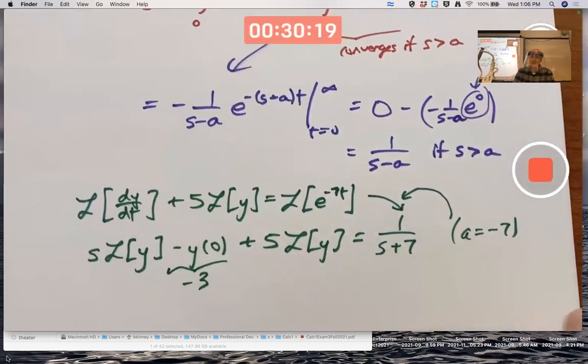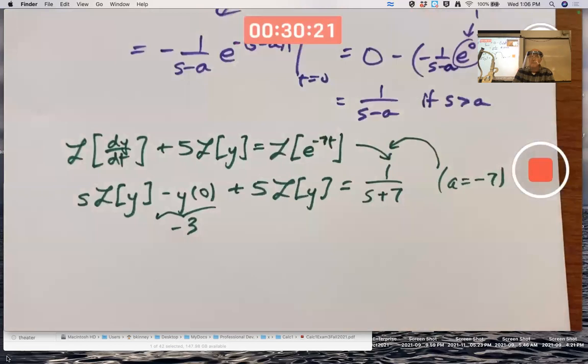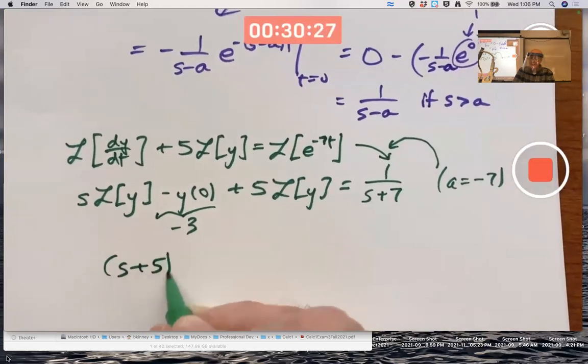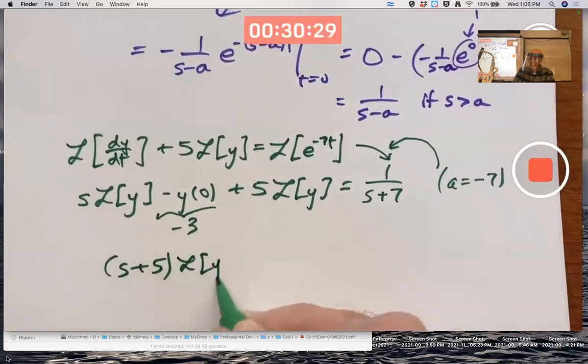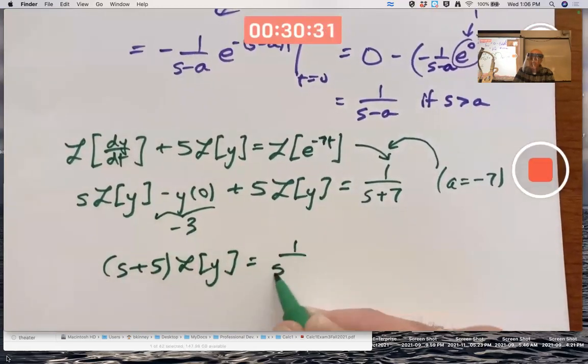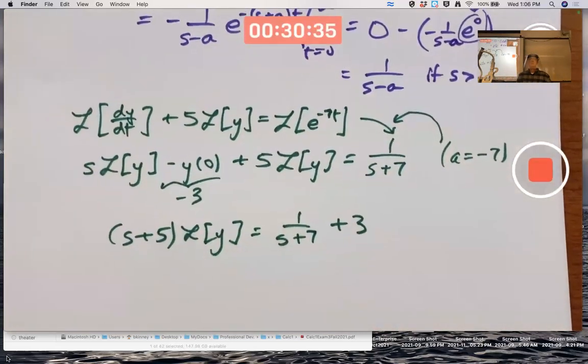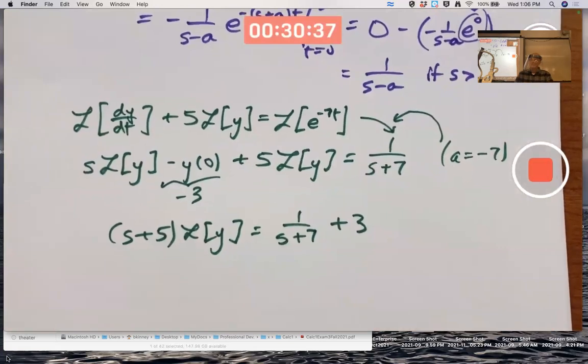And remember, I said 15, 20 minutes ago, the goal is to solve this algebraically for L of y. I can write (s plus 5) times L of y equals 1 over s plus 7 and then plus 3 after adding 3 to both sides. So I did 2 algebra steps there.